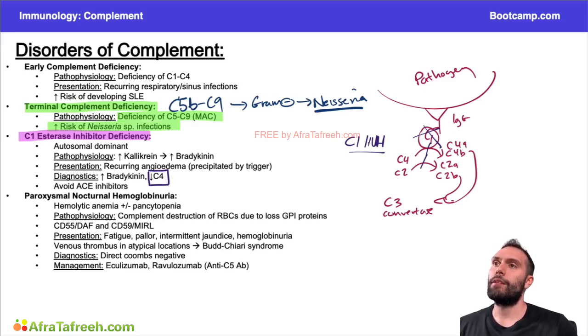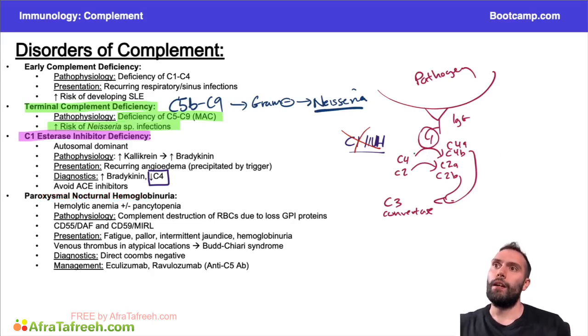So if for whatever reason you didn't have this C1 esterase inhibitor, let's do this in another color. Let's just say you didn't have the C1 esterase inhibitor, so you didn't have it or you had really low levels of it. What would happen is it wouldn't be able to inhibit the C1 component, and so this C1 component might go overactive, because it's not going to get regulated at all.